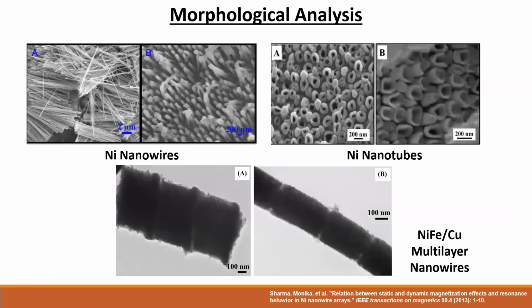This image shows the morphological analysis of the structures designed by us. We have successfully designed one-dimensional nanowires. So nickel nanowires can be seen. You can see that uniform nanowires have been deposited in the porous alumina templates.